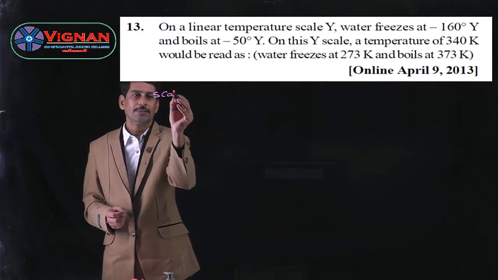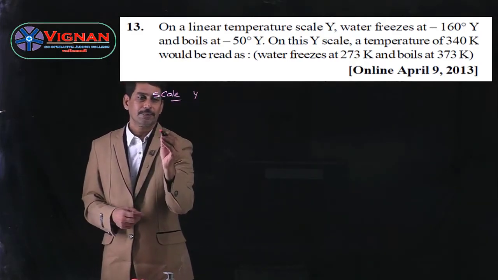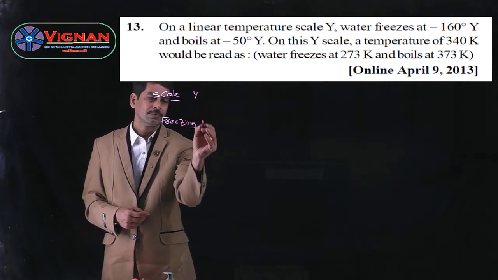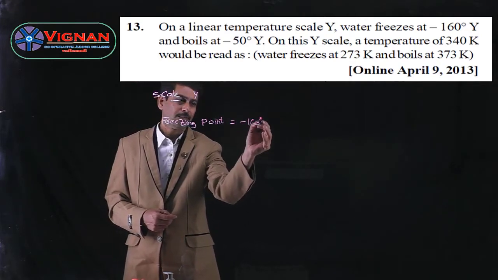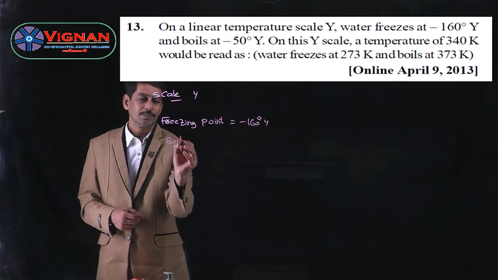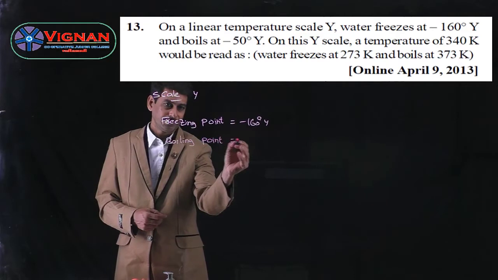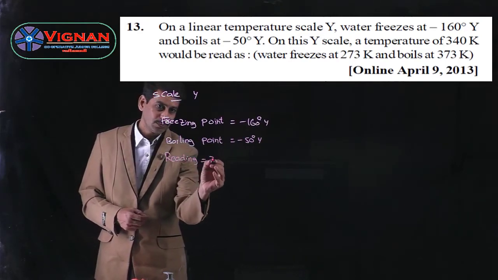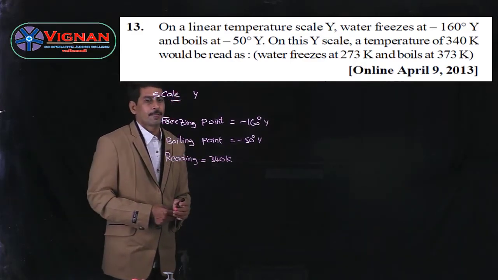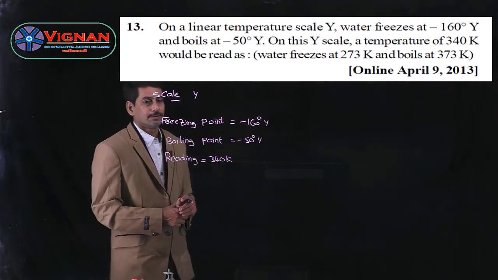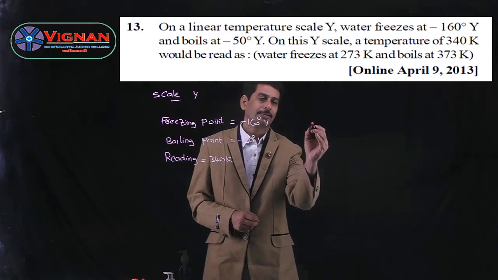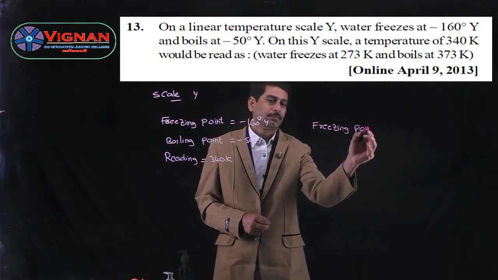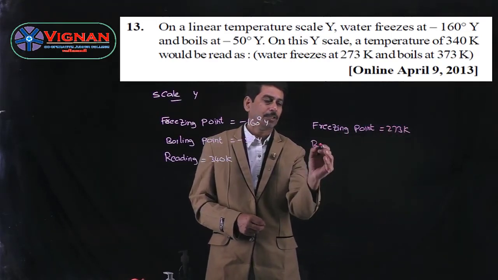On scale Y, the freezing point is -160 degree Y, whereas the boiling point is -50 degree Y, and the reading is 340 K. And on the standard scale, that is the Kelvin scale, the freezing point is 273 Kelvin, whereas the boiling point is 373 Kelvin.